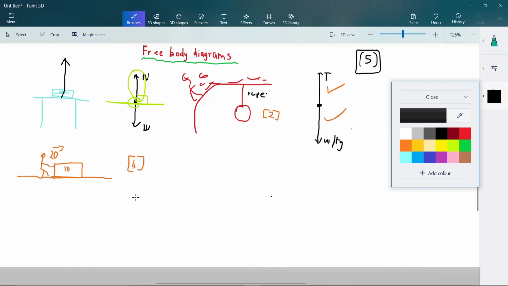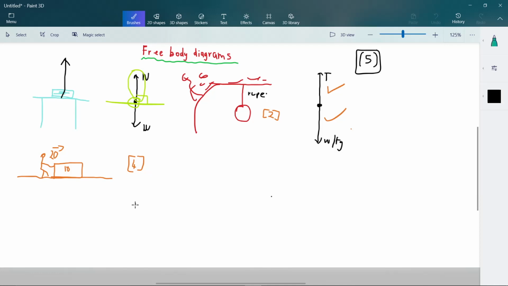Okay, so to draw this free body diagram, you're going to need a dot to represent the crate. There we go. And the first force to draw is the weight. This is the weight of this box. And then, is it on a surface? Yes, it is. So there is a supporting force called the normal force. And you ask, are there any other forces acting on this thing? There is. Johannes is pushing it to the right with a force of 20 newtons.